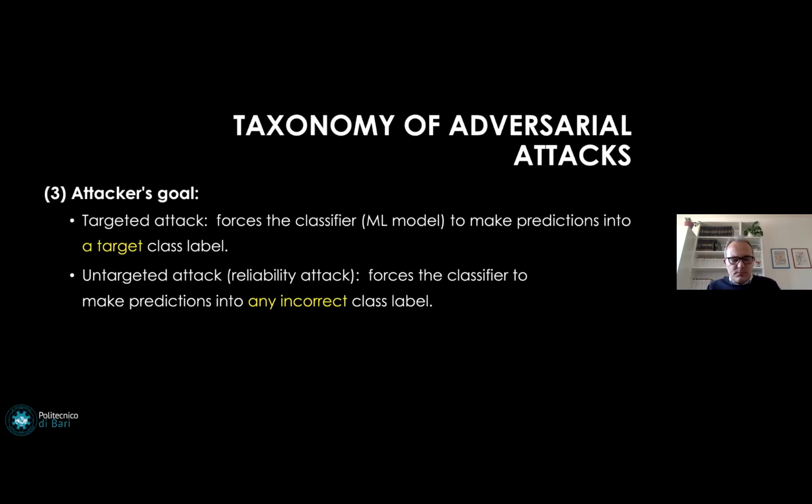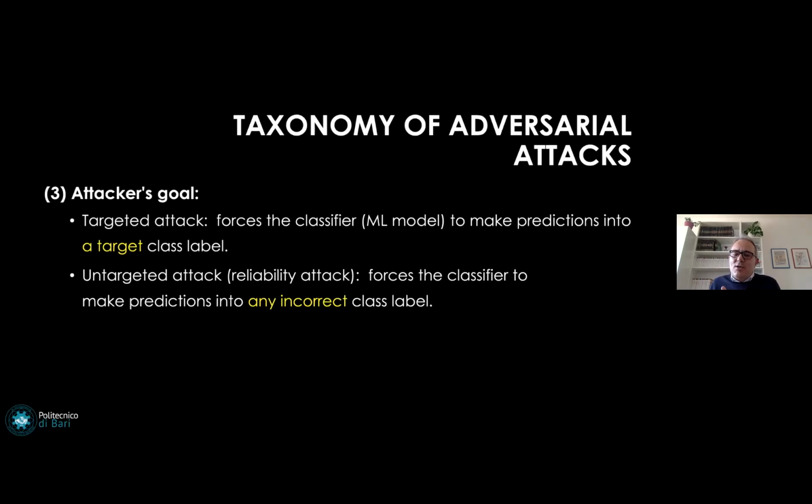And finally, we have the attacker's goal, which can be classified as a targeted attack or as an untargeted attack. In the first case, we always talk about classification: the attacker wants the system to misclassify a sample, but the misclassification must be in a specific target class.